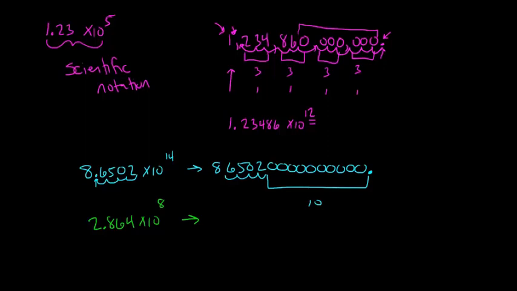We have the decimal place here, and we move over 1, 2, 3 places. Moving over to the 4 gives us 3 of our 8 places, so we need another 5 zeros. That's 3 decimal places, 4, 5, 6, 7, 8. Then I have a comma here and a comma here. So this would be 286,400,000.